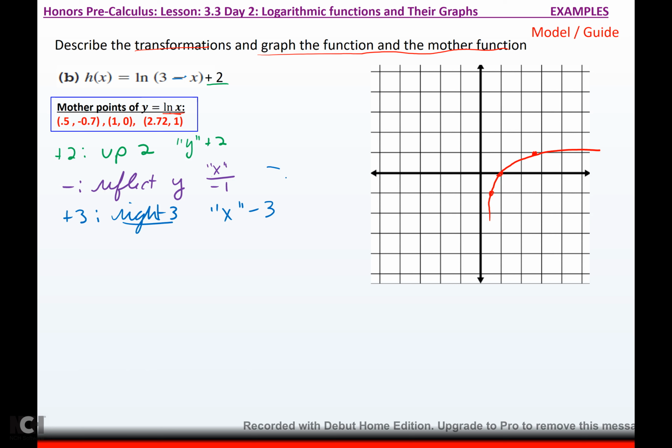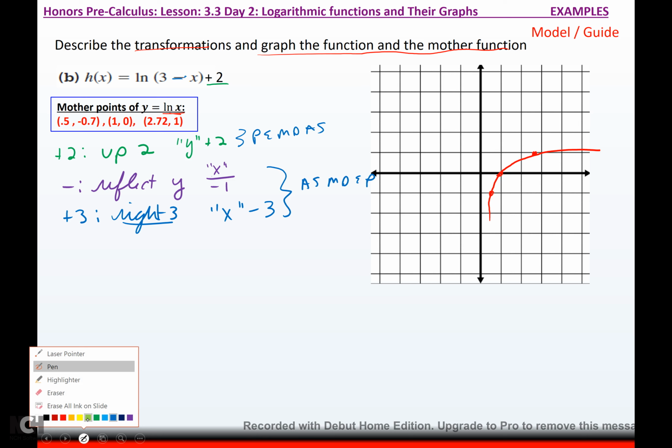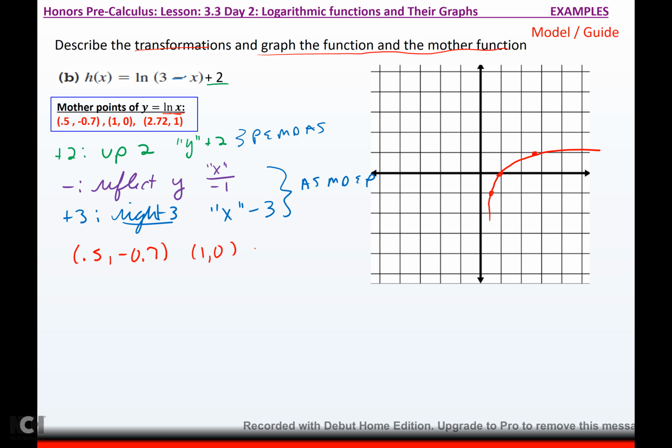If I've got two things happening to x, I have to do them in PEMDAS order. And one thing happening to y, I do in PEMDAS order, although it doesn't matter because it's only one thing. So I take my mother points and do the math.